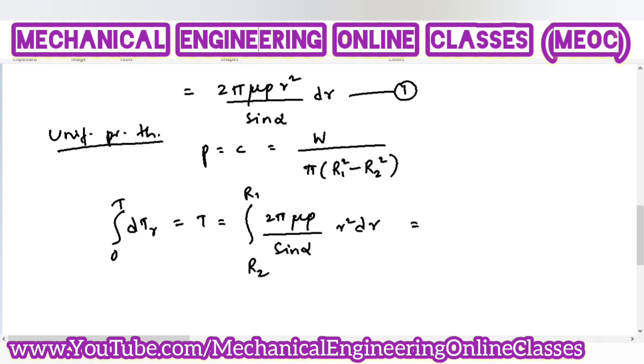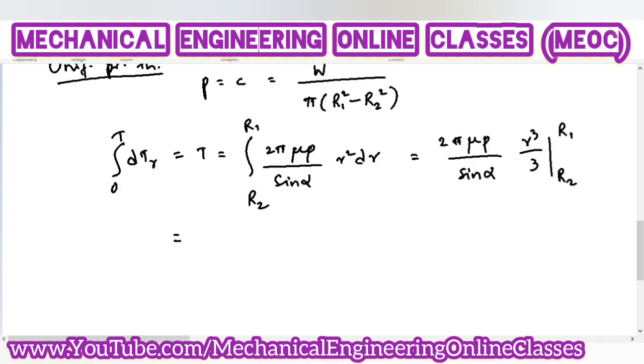All these terms are constants, so 2 pi mu P by sine alpha can be taken out, and the integral of r square dr is r cube by 3 varying from r2 to r1. So we will get 2 by 3 pi mu P by sine alpha into r1 cube minus r2 cube.